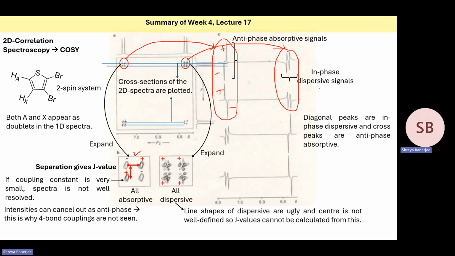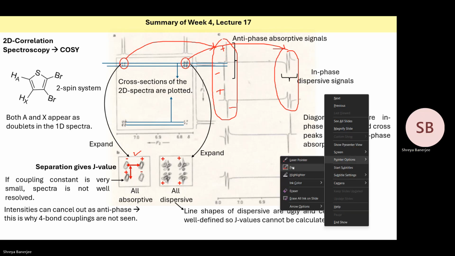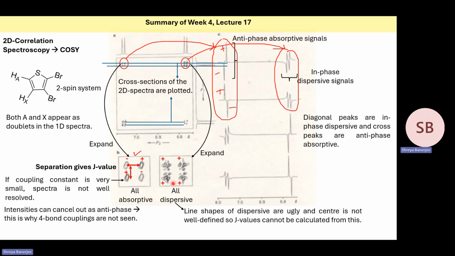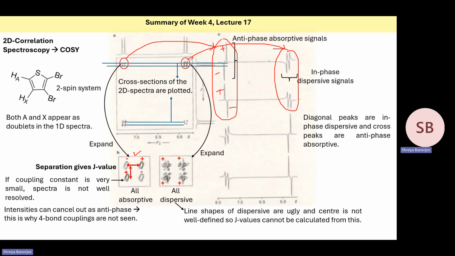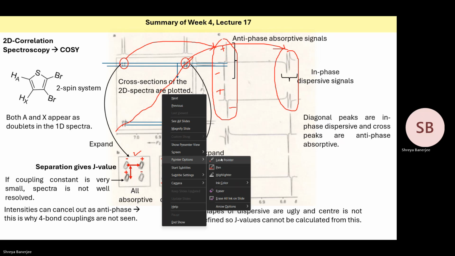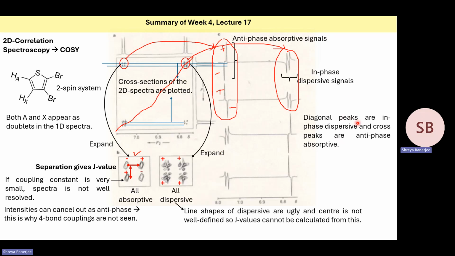You can see all are positive. So one thing to remember is that diagonal peaks are basically peaks along this diagonal. Diagonal peaks are always in phase, so all are positive and they are dispersive. And cross peaks are always antiphase, so minus, plus, plus, minus, antiphase, and they are absorptive.